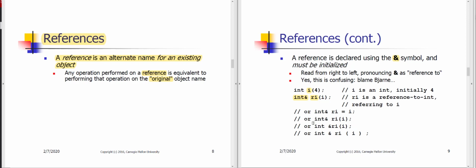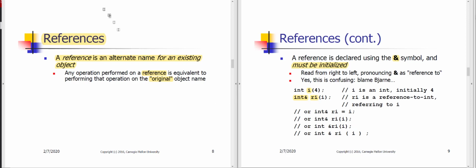Notice that I'm going to read this from right to left as I have with pointers. This says that Ri is a reference to an int, and a reference has to be initialized because it has to refer to some existing object. In this case, the existing object that Ri is referring to is I.